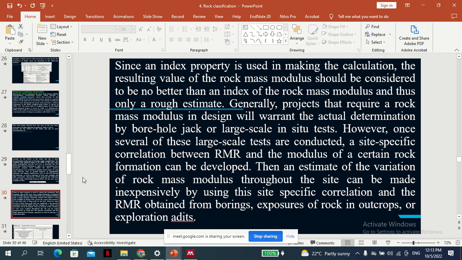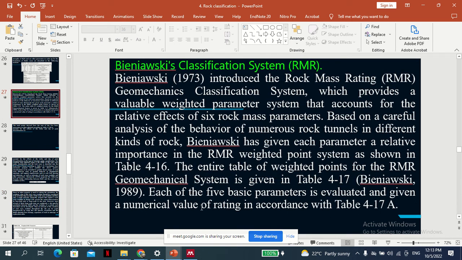So this is what I'm trying to say. We give some marks. Once you get the marks, you modify the marks based on other issues like the dip. The dip and the strike are the orientation. Dip is orientation in the vertical direction. Strike is orientation in the horizontal direction. That's all.